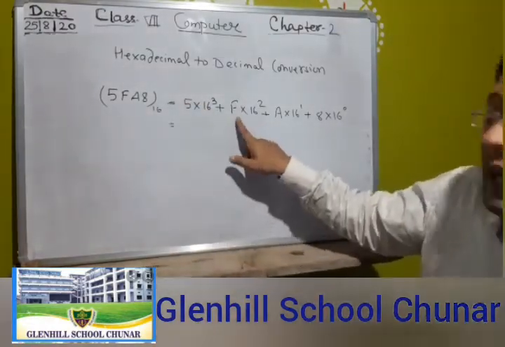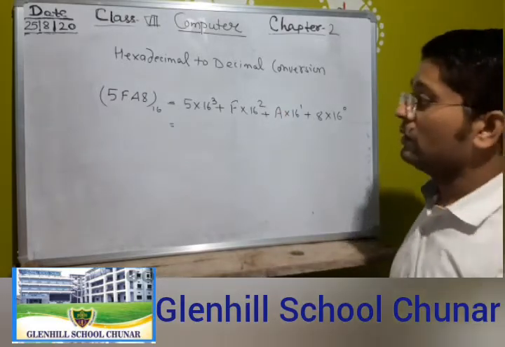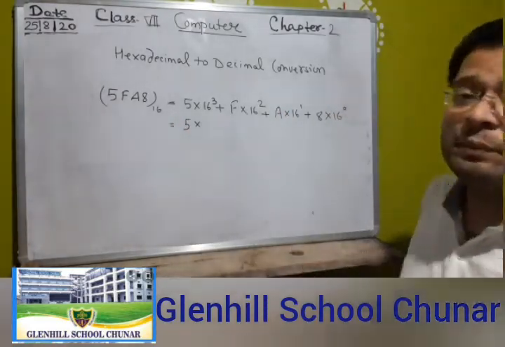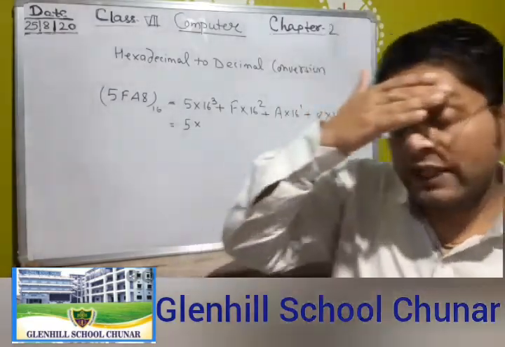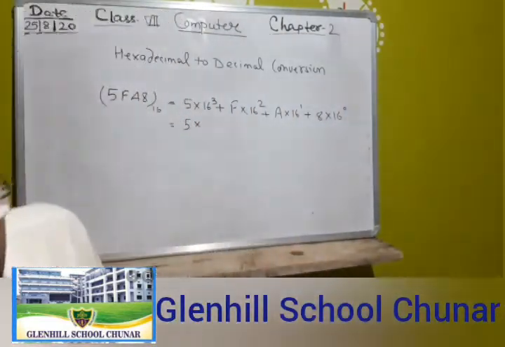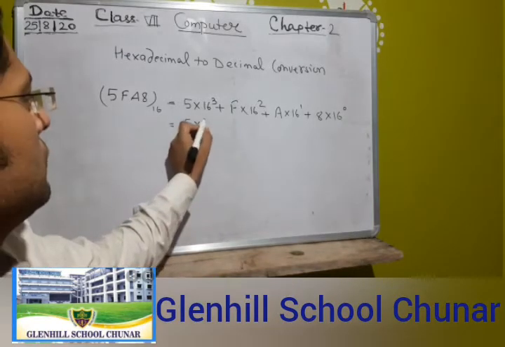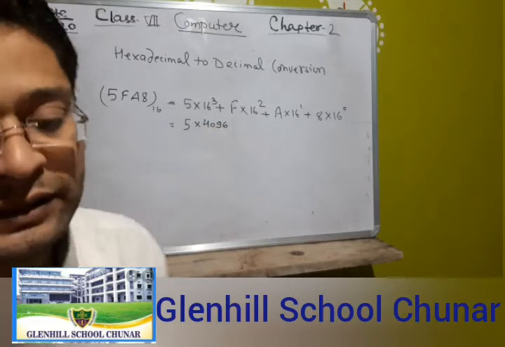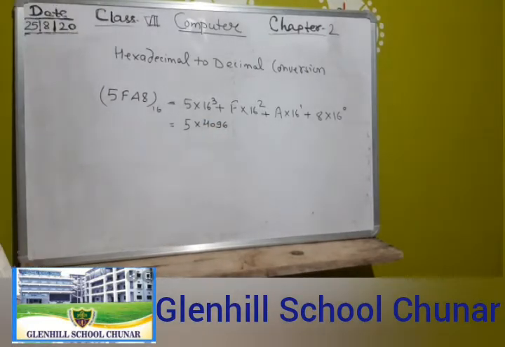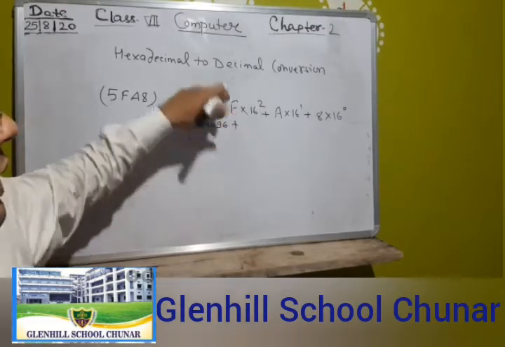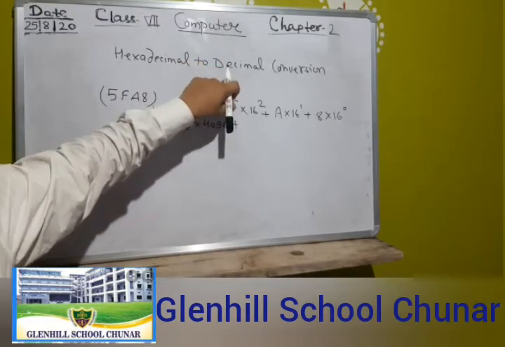So what's the value of F and A? 5 into 16 power 3 means 16 multiplied by 16, 3 times. So that value is 4096. And plus, what's the value of F?